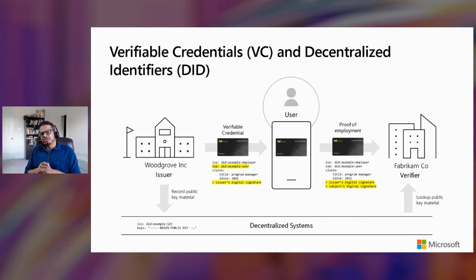What Fabricam needs to do is retrieve the public keys from the decentralized system, and then use first the key from the user and then the key from the issuer to make sure that the issuer is who it is and the user is who he claims to be, so the subject matches the DID that's supposed to be there. So basically, this is very similar to a bank account system, right?